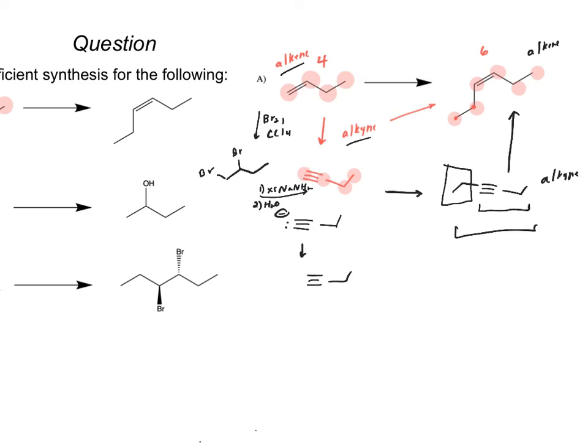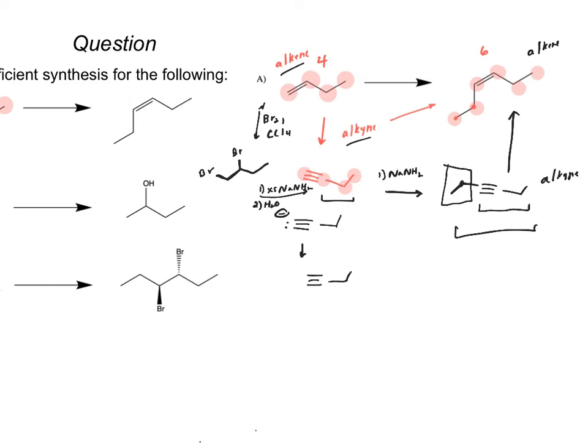So we've got bromine in carbon tetrachloride. That's going to form our dihalide. Then we're going to take that dihalide. We're going to undergo 2 successive eliminations to produce our alkyne. Now, once we're at the stage of this alkyne, we're going to need to, again, deprotonate it with that sodium amide. And now we're going to need to add it to whatever we need to extend the chain with in terms of an alkyl halide, right?